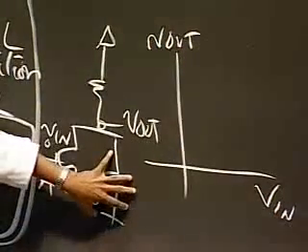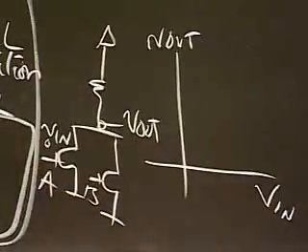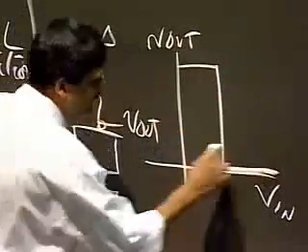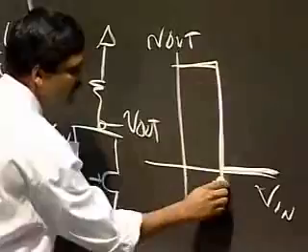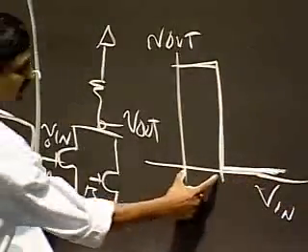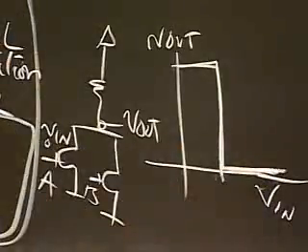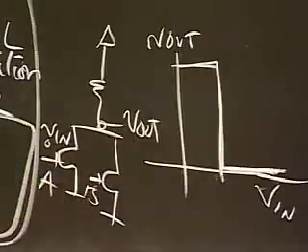Let's say, for example, I turned this guy off by setting B to 0. And then I simply apply a low to high transition at V in. Then what I would see at the output is a transfer function of the following sort, where as V in changes, the output switches at some point and then stays at a low value. Okay, so when V in is low, V out is high, and V in is high, V out is low. So that's kind of the V out versus V in when B is set at 0.